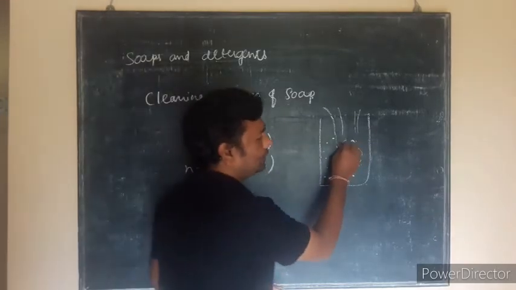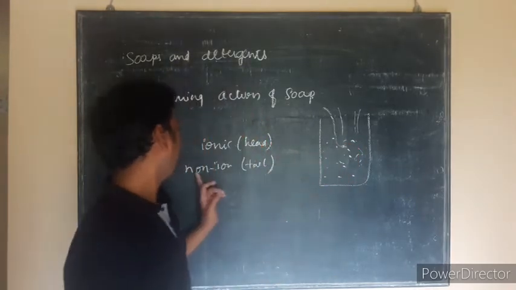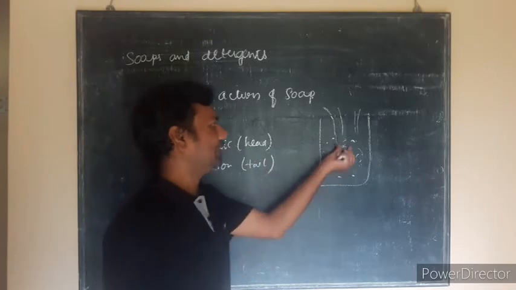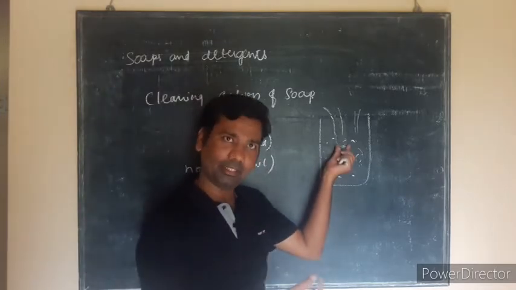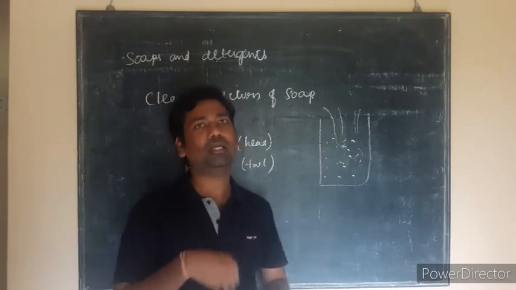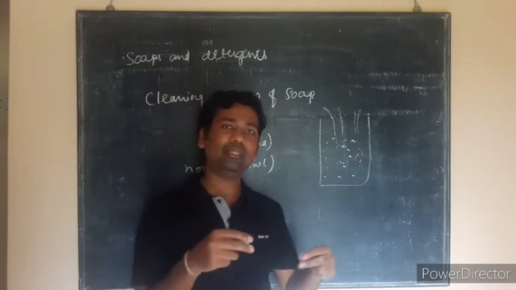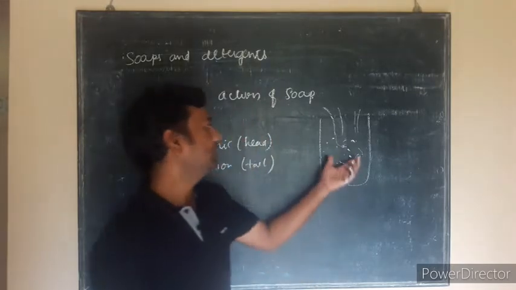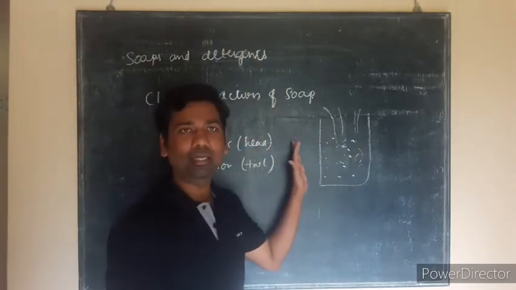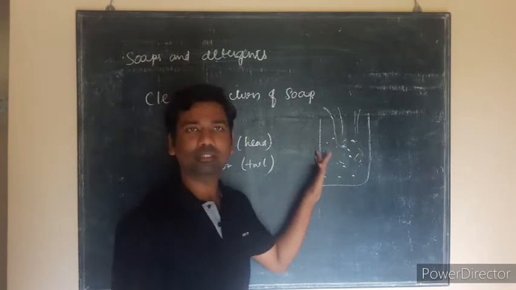So whatever dirt is in the cloth will be attracted by the non-ionic components. The oil, whatever dirt is present in the shirt, is attracted by the carbon chains, and the head part, the ionic components, stays away from the dirt, towards the water.